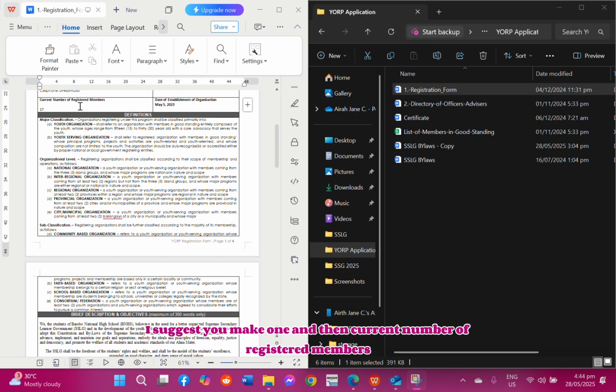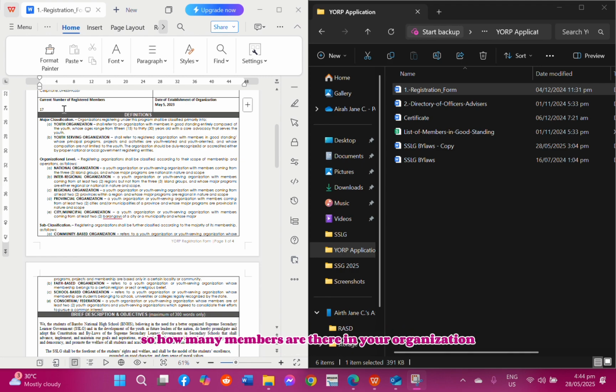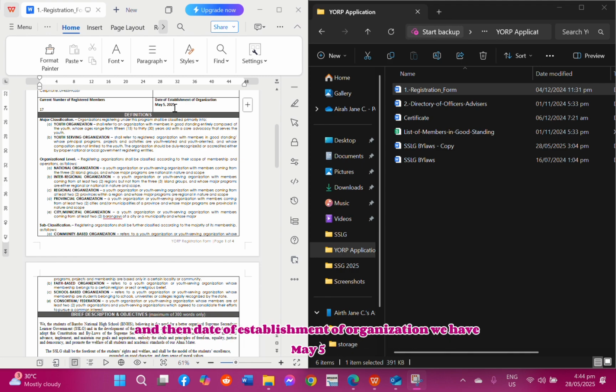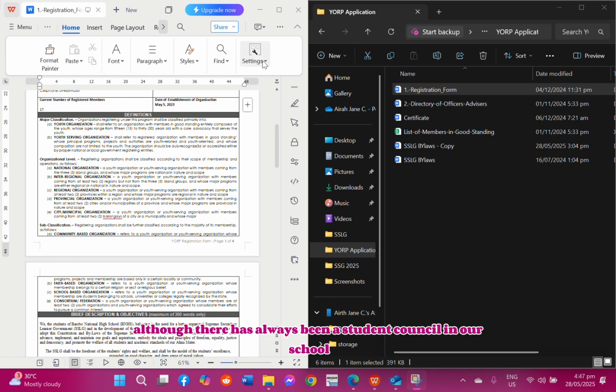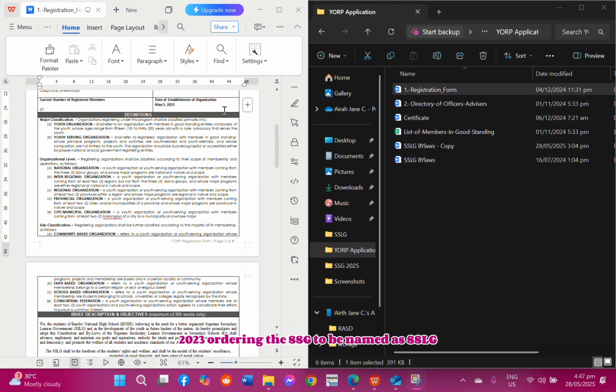And then current number of registered members, so how many members are there in your organization. And then date of establishment of organization, we have May 5, 2023. That is because although there has always been a student council in our school, the constitution and bylaws were revised on May 5, 2023, ordering the SSG to be named as SSLG.